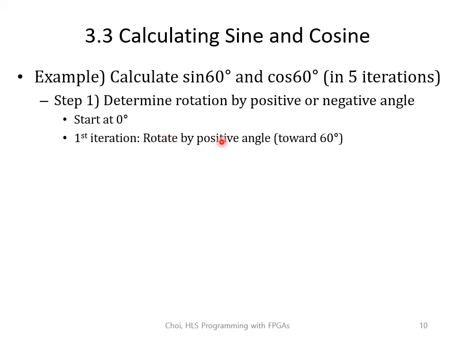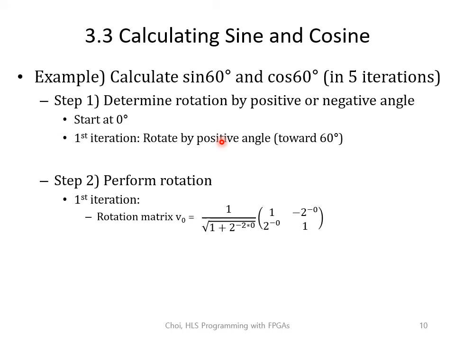Second, we're going to perform the rotation. We just need to insert i equals 0 in the rotation matrix equation we saw in the previous slide. So the rotation matrix would be this. We insert i equals 0 here, here, and here.